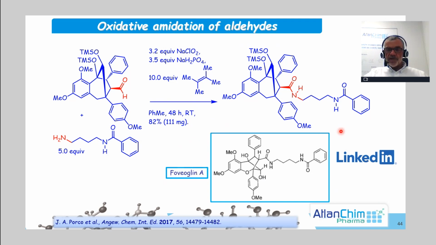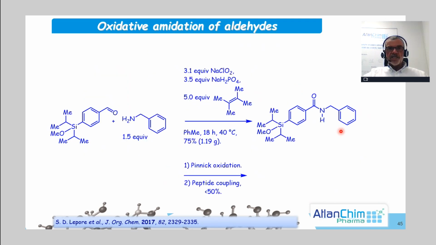To conclude this section, we have here on this slide an example of oxidative amidation under pinnick conditions in toluene with an aromatic aldehyde, and the desired amide is obtained in good yield on a gram scale.